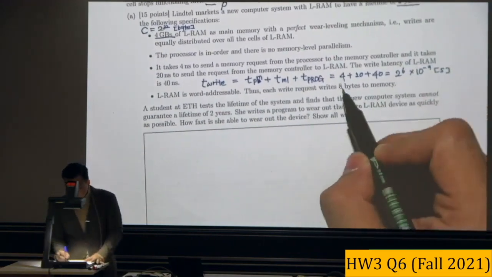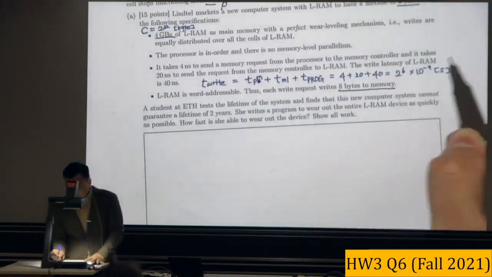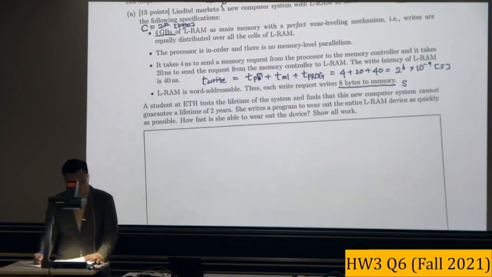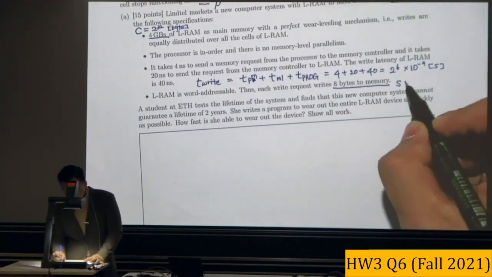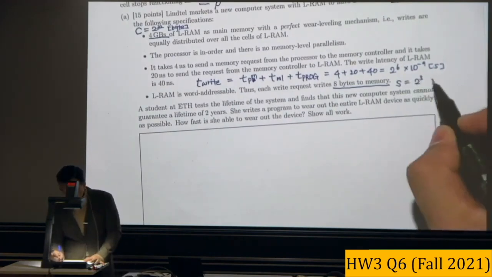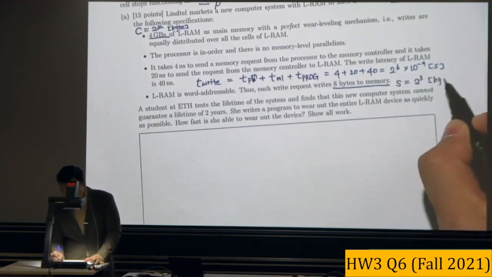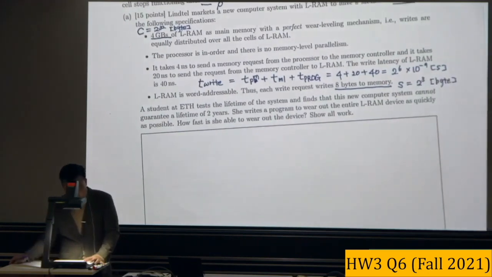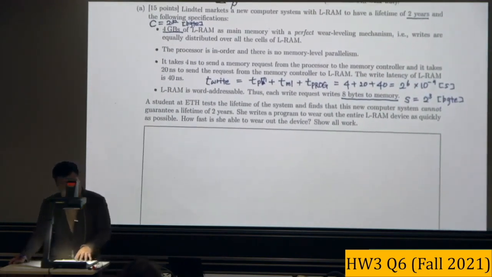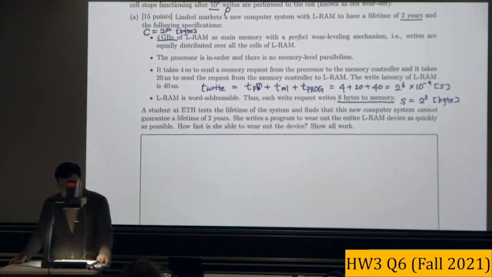So there is another important value here. I will put this as S. The size of a request is 8 bytes, which means 2 to the 3 bytes. Okay, the final question is: an ETH student tests the lifetime of the system and finds that this new computer system cannot guarantee a lifetime of 2 years.